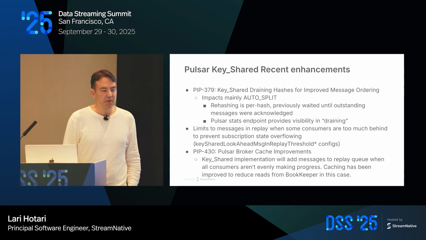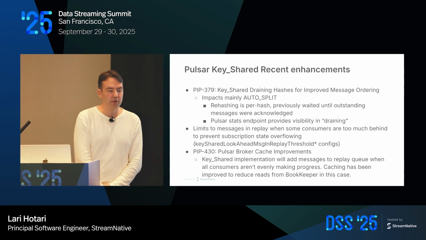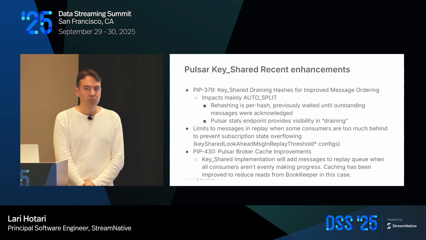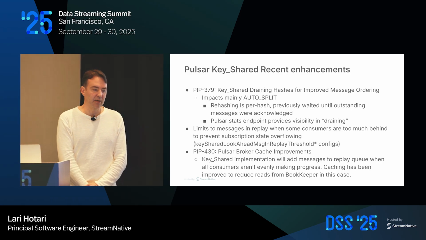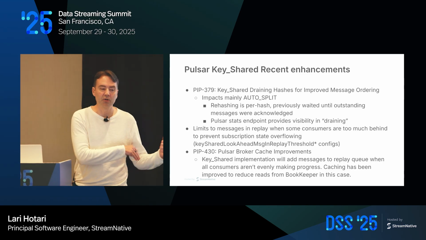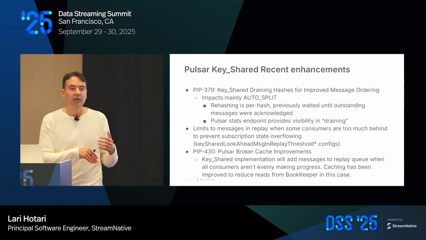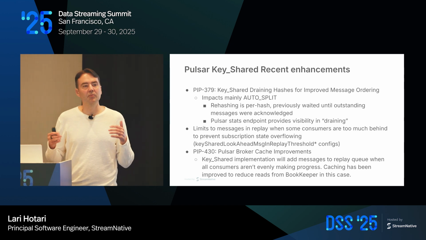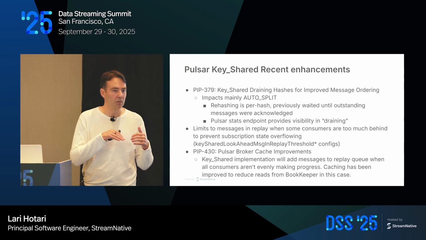And then PIP 430 came in Pulsar 4.1, and that's the Pulsar broker cache improvements. The reason why that's related to key shared is that in the way key shared works internally, it has to skip sending messages and put them into a so-called replay queue.